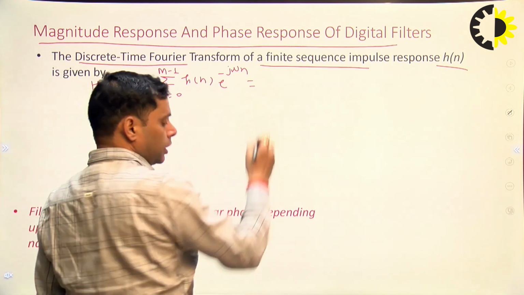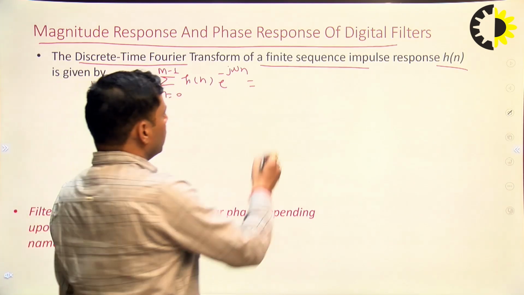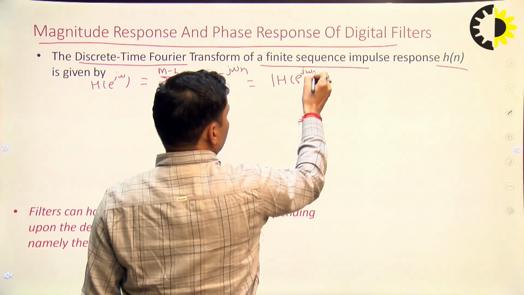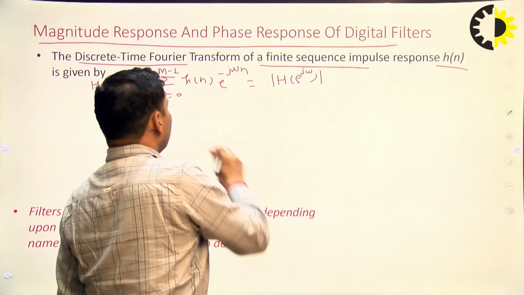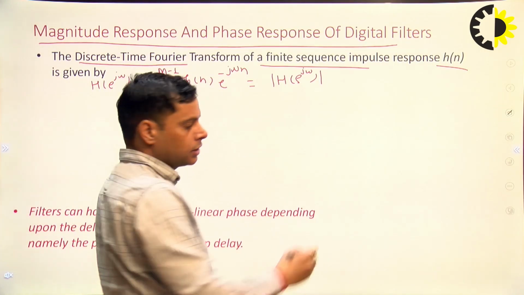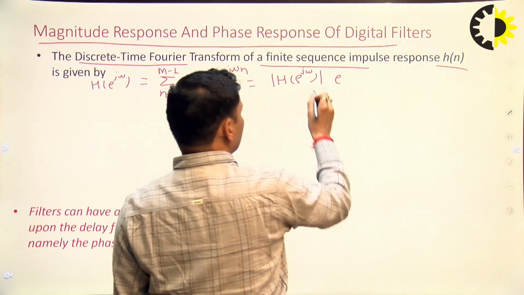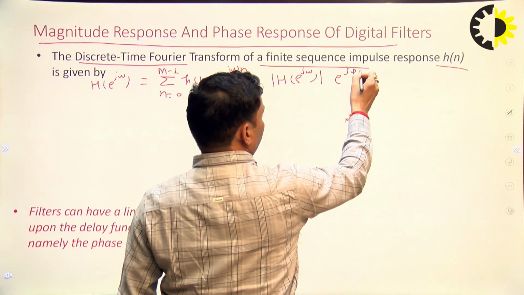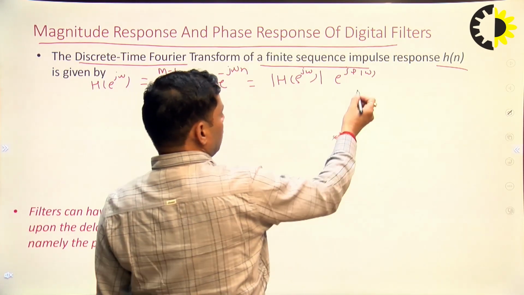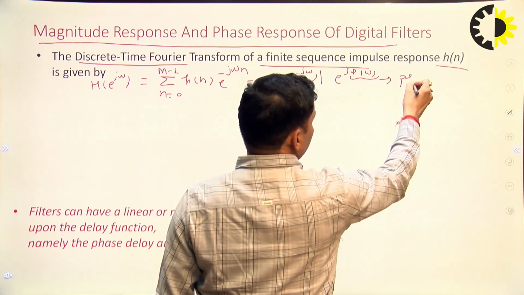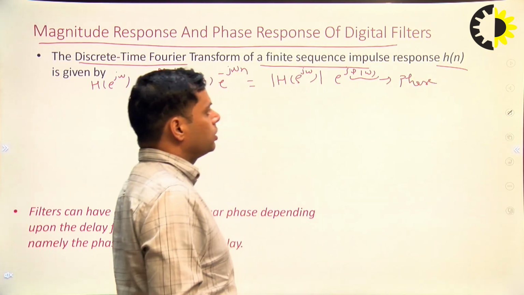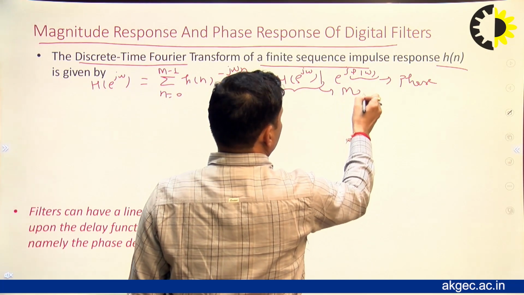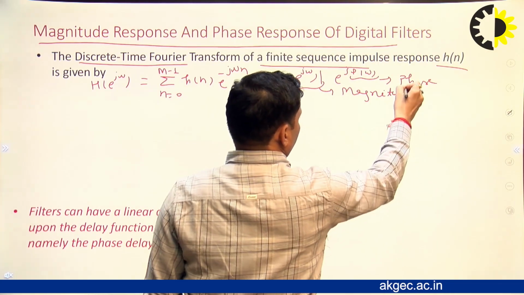If we discuss its magnitude and phase part, this function can be written as the modulus of H of e raised to power j omega, times e raised to power j phi of omega. Here phi of omega gives the information regarding the phase of the filter, while the modulus part gives the information regarding the magnitude part.